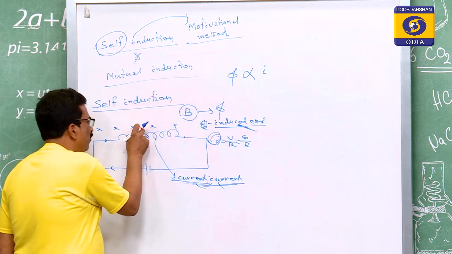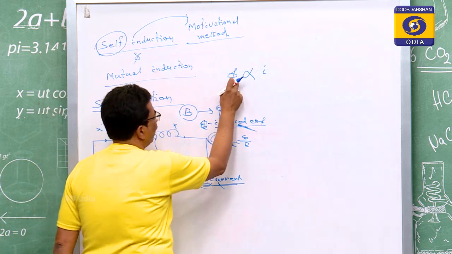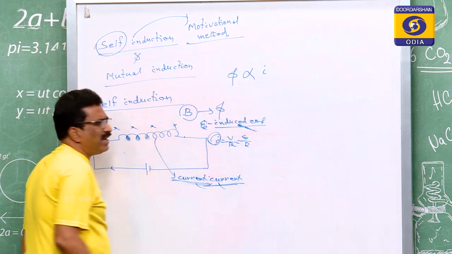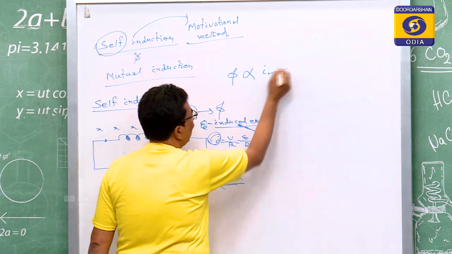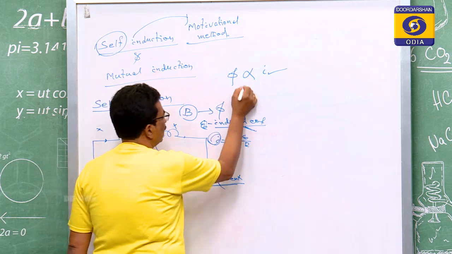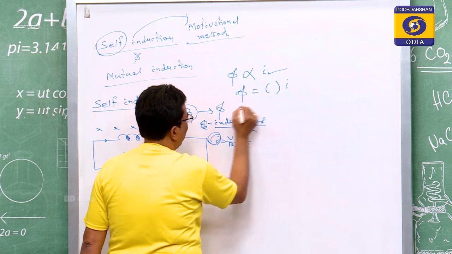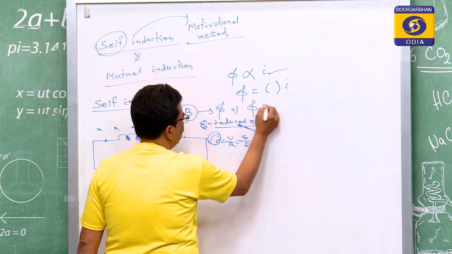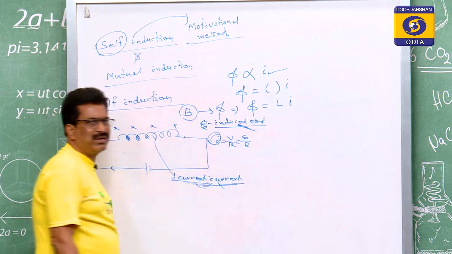Within the same coil, if there is a change in magnetic flux, there is a change in current. So phi is proportional to I, meaning phi is some constant times I.